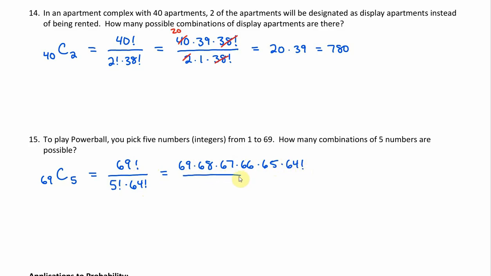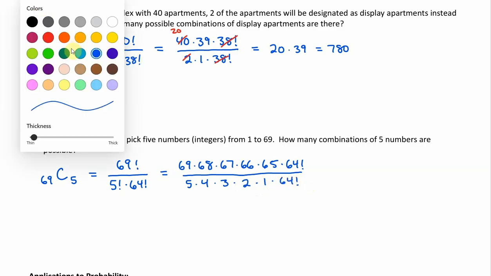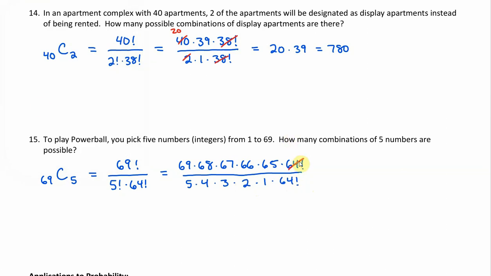No reason to write that all the way out. And then the 5 factorial will be 5, 4, 3, 2, and 1. And then the 64 factorial, which we are going to cancel right now. So that's out.